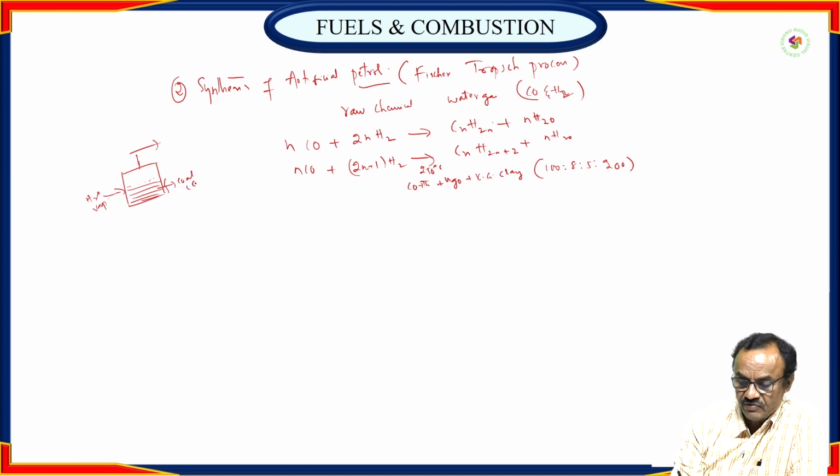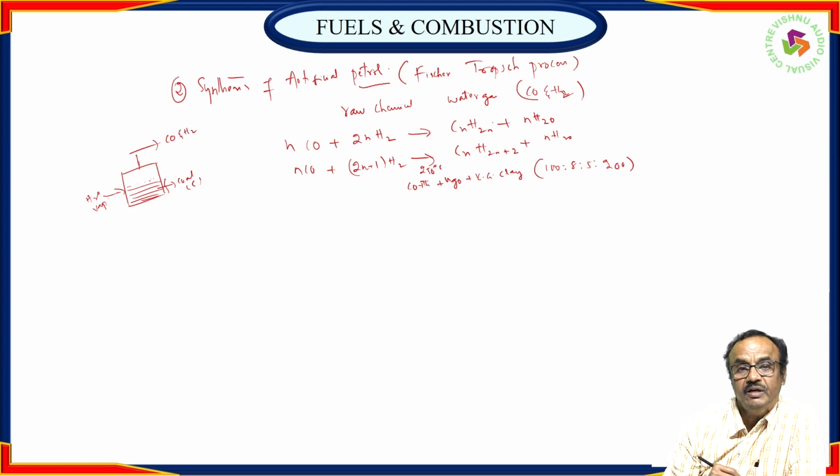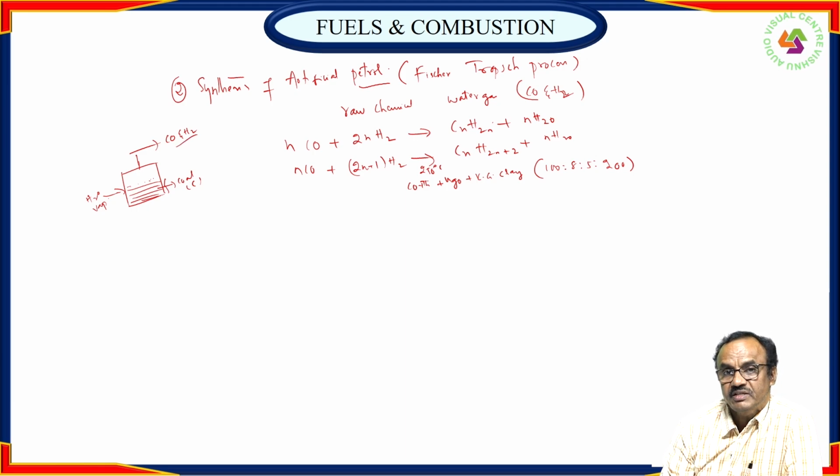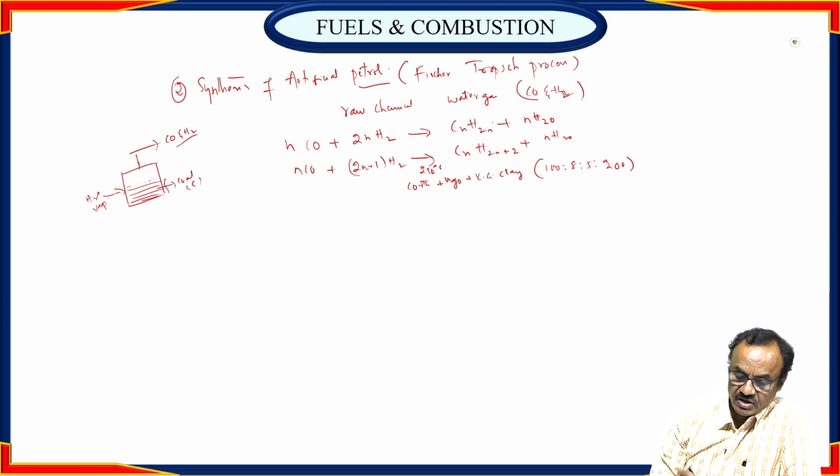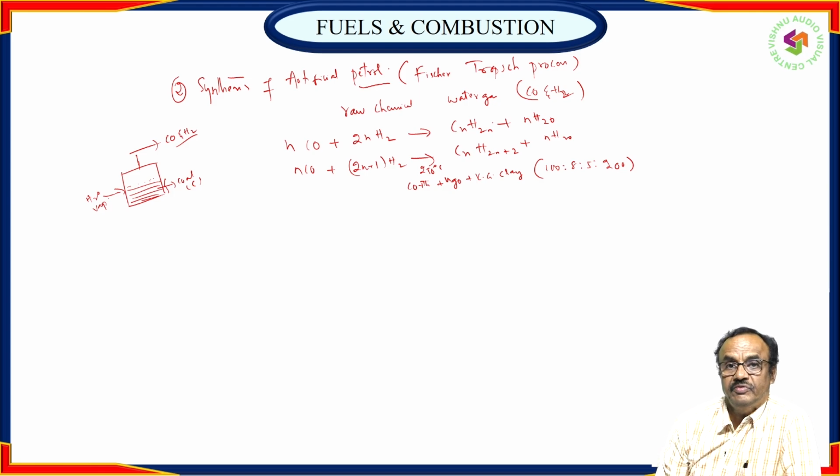Coal mainly composed of carbon, right? Converts into CO and H2. CO plus H2, right? So this combination of both gases is known as water gas. So main component involved is H2O vapor. Hence it is called water gas. And the main source of water gas is coal and vapor, right?